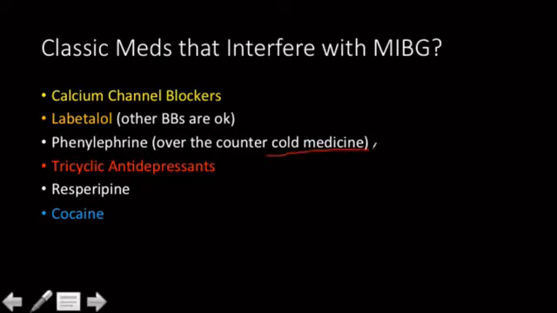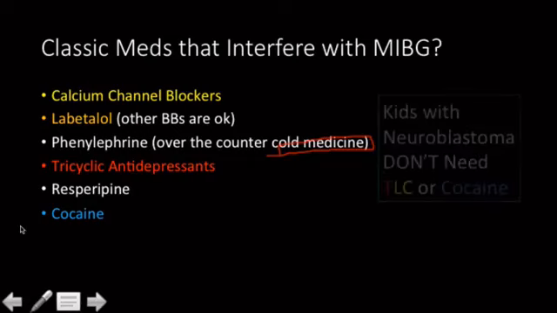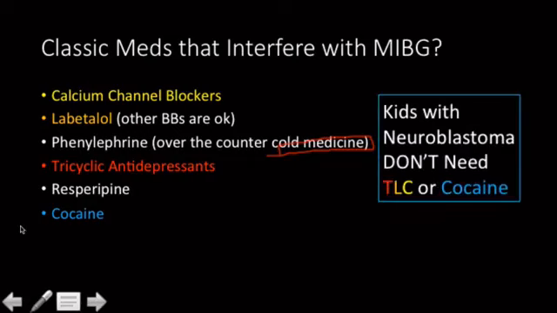They may tell you that the patient is on cold medicine. Phenylephrine, tricyclic antidepressants, psych meds, and cocaine. So kids with neuroblastoma don't need TLC or cocaine. So TLC: tricyclic antidepressants, labetalol, and calcium channel blockers.